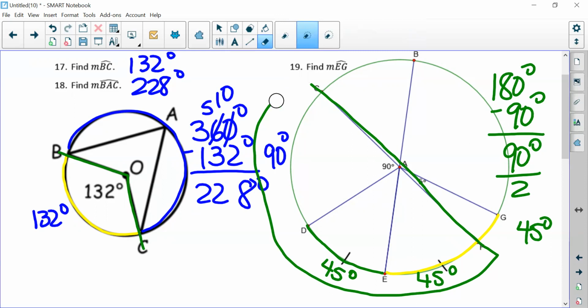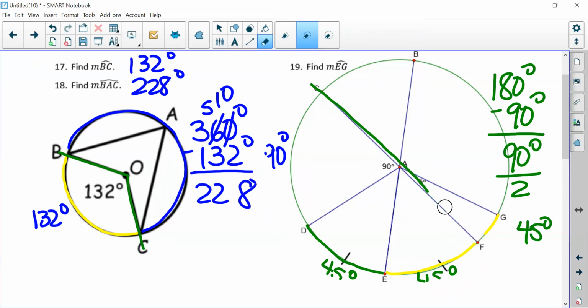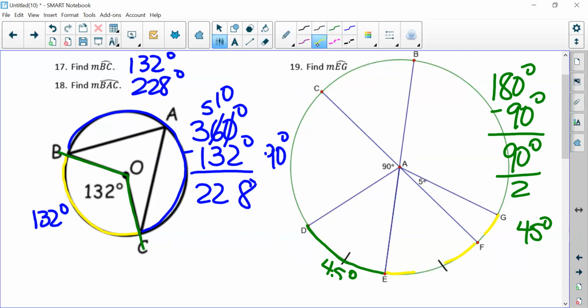Remember, we're trying to find the measure of the arc that's highlighted in yellow. Remember, we're trying to find the measure of arc EG, okay? So look, we have the measure of arc EF, it's 45, but we still need to find the measure of arc FG.